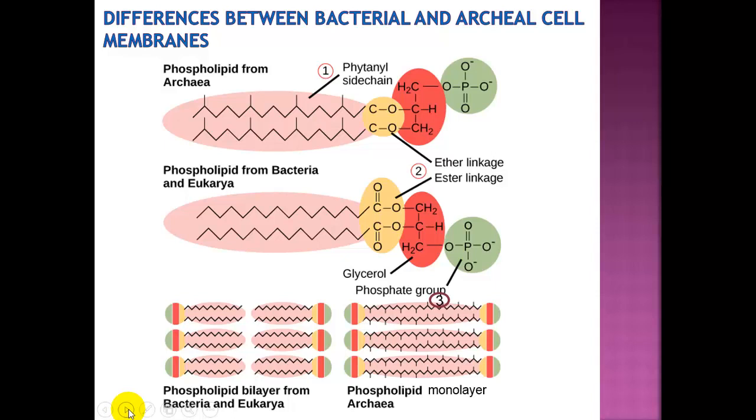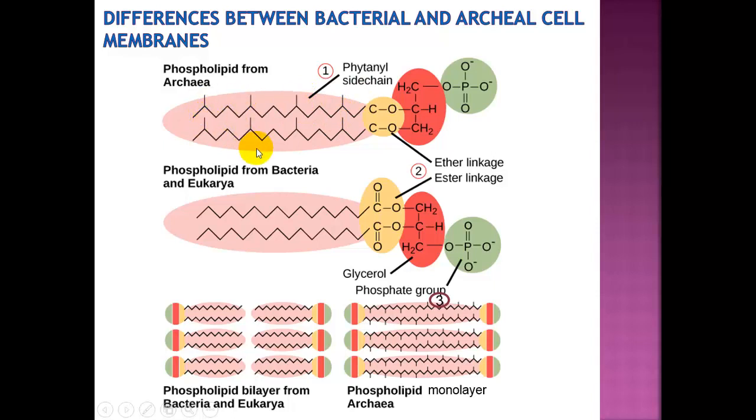We had looked at differences in the bacterial and archaeal cell walls. Now we will look at differences between bacterial and archaeal cell membranes. While bacteria and actually eukarya use fatty acids as their side chains in the phospholipids, archaea use the phytanyl side chains, which are branched, as you can see here by these projections.